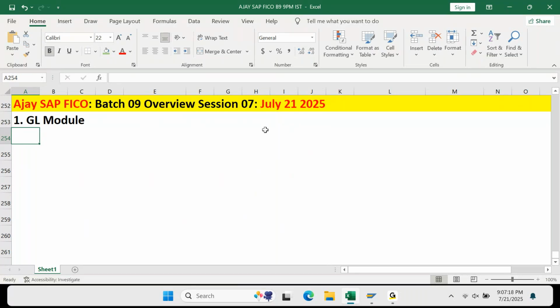Why? Because when you prepare any trial balance, any P&L, any balance sheet, all these three reports are mandatory for every month end to find out the business profit or business loss.